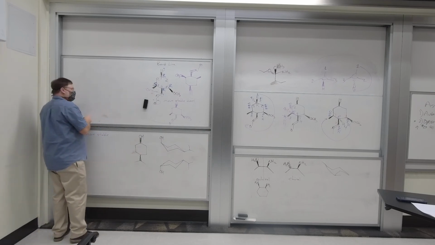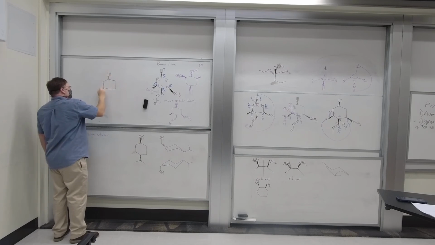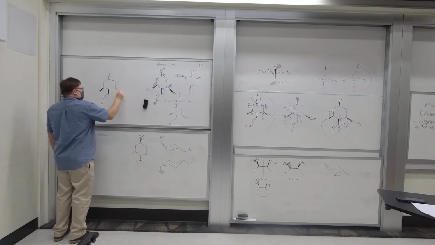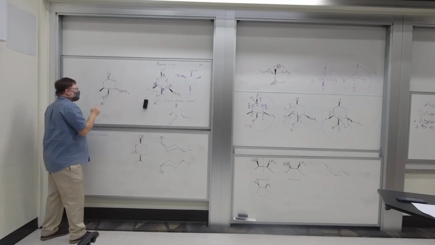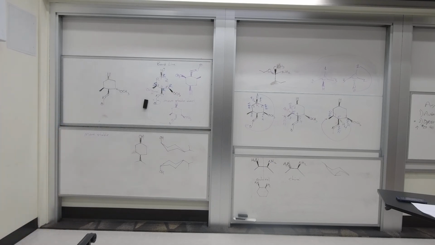Now, what's the relationship of this molecule with the original? It's a diastereomer. Do absolute configuration for that. I'll give you 30 seconds.